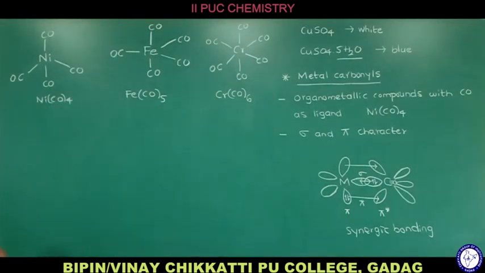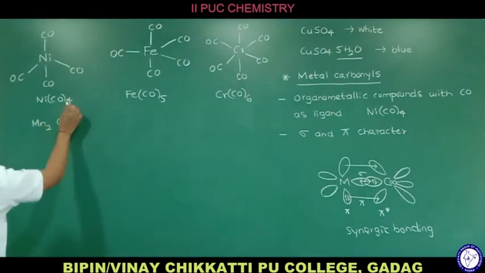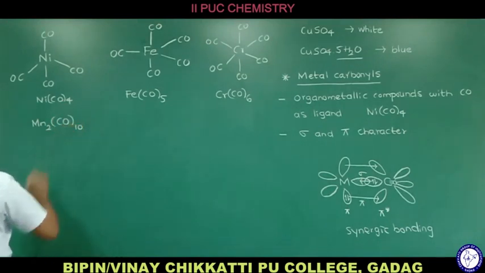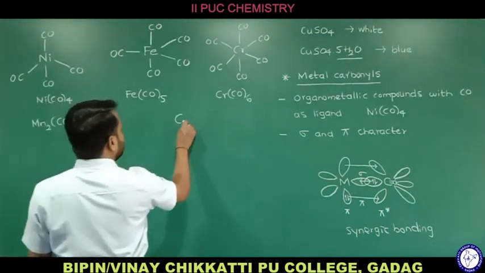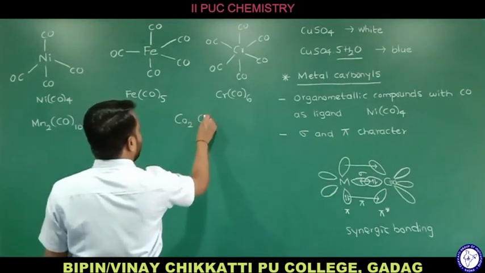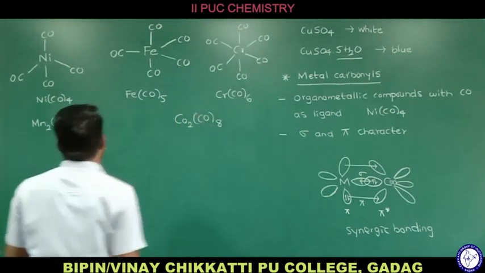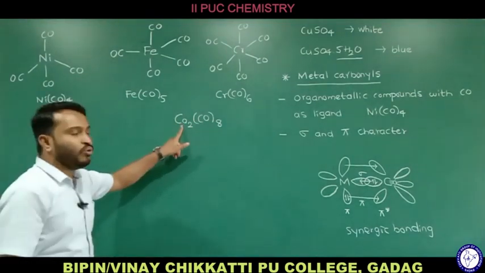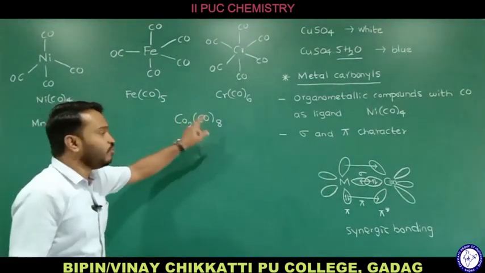And one more example I am going to consider, that is a special example: Mn2(CO)10. One more example I will be considering, Co2(CO)8. So we have manganese carbonyl, and cobalt carbonyl, with capital C capital O for carbonyl.